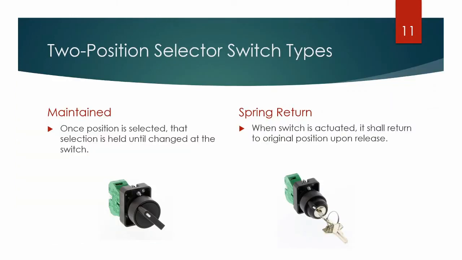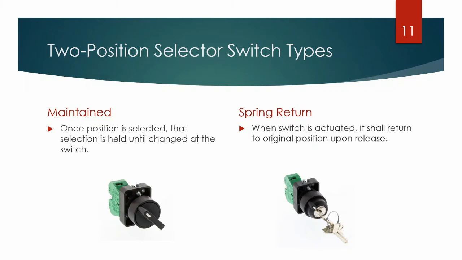Here are the two different forms that it can take. A maintained selector switch, since we have 2 positions, we have an A or B as a generic term that we use for those. The A position, if we switch it over to the B position, and a maintained switch, if we let go, it's going to stay in the B position. We would have to expressly take it from the B position and force it back to the A position.